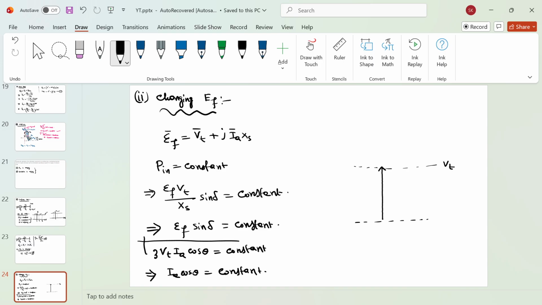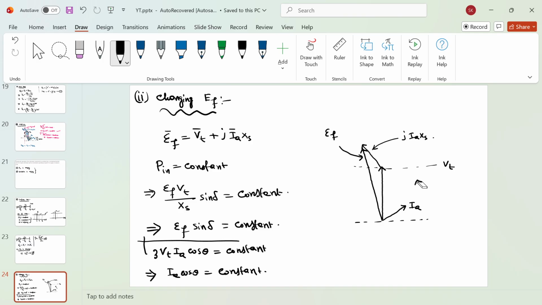This is your Vt, and initially you are supplying power at a lagging load, let's say Ia, and this is your Ia, so this will be your jIaXs. So if you take the phasor summation, you will get basically EF. So this is basically your EF.